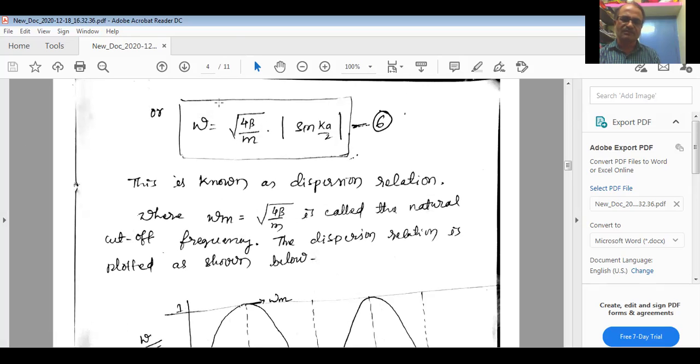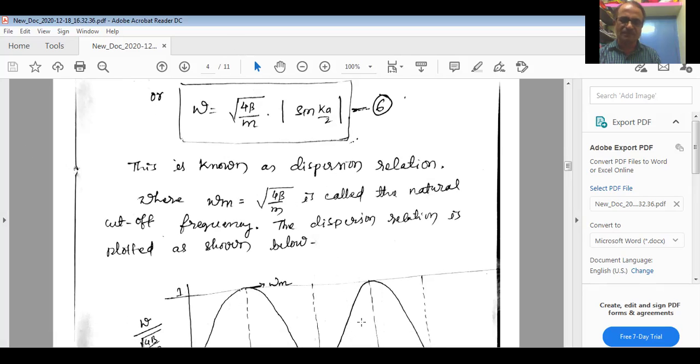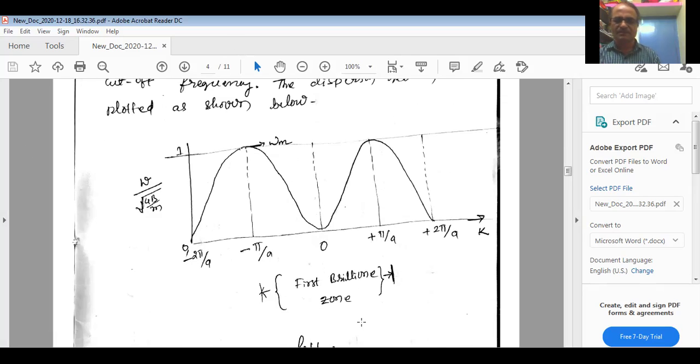Actually, this is a graph of omega divided by root of 4 beta upon m into sine of ka by 2. That is plotted, and this kind of curve is obtained.